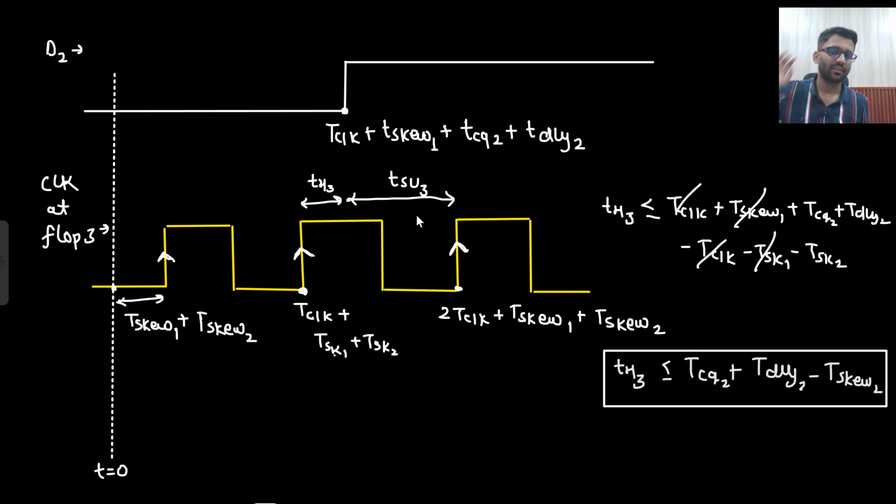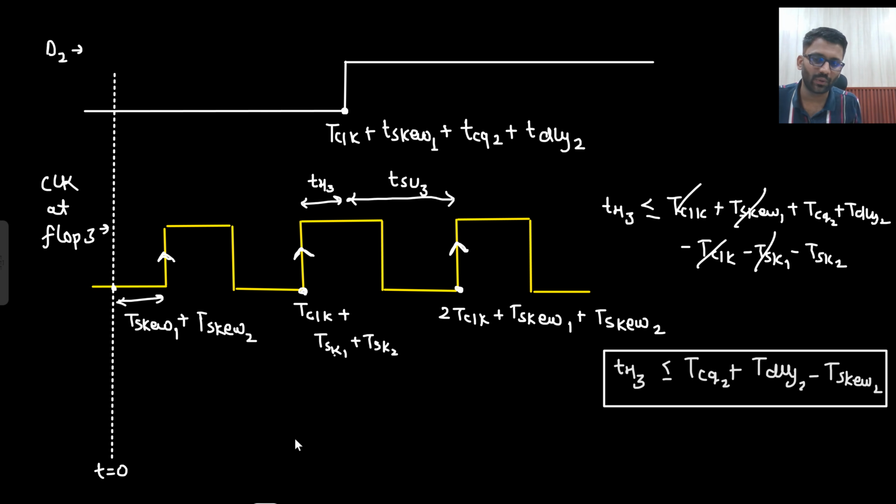So now what can you write? This plus this equals this. T clock plus T skew plus TCQ2 plus TDL by 2 plus TSU3 equals 2T clock. Basically, it should be less than 2T clock plus T skew 1 plus T skew 2.